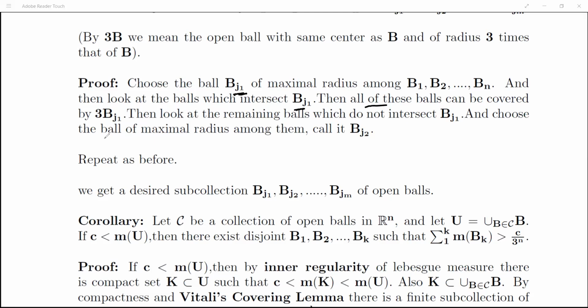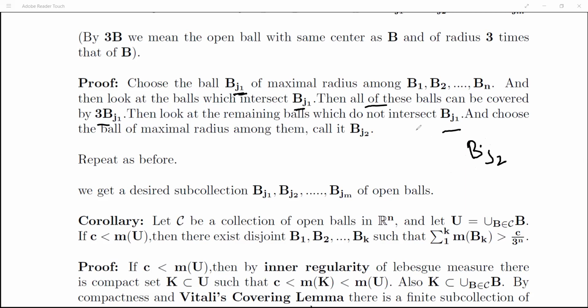Then all of these balls can be covered by 3 b_j1. Then what do you do? Then look at the remaining balls which do not intersect b_j1, and among those balls, you choose the ball of largest radius and call it b_j2, and repeat as before.